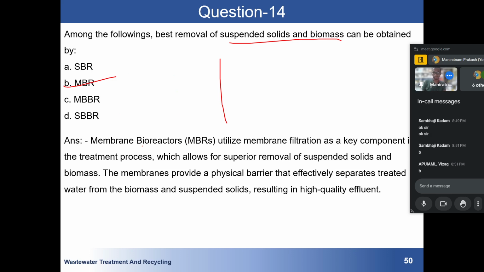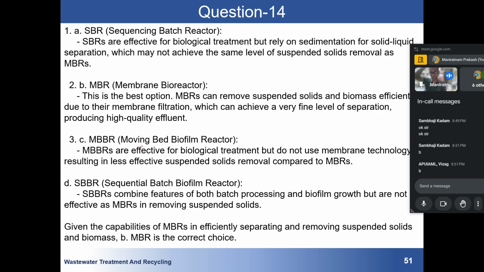Okay. So I have just discussed all these options also, but out of this, the B option is correct. See, all options are able to remove suspended solid, but it's all about efficiency. Which one is the best option?